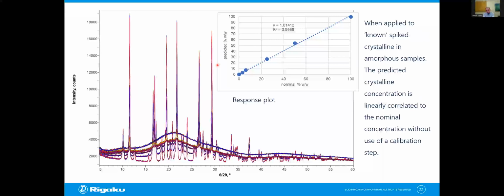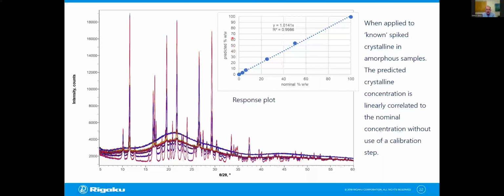So based on that, we can now do a quantitative analysis. So this is a standardless quantitative analysis on all of the data that was fed into the model in the beginning. And we can plot the predicted concentrations of the crystalline component to the nominal values of the materials that I mixed up. So on the x-axis, we have the nominal weight of the crystalline components.